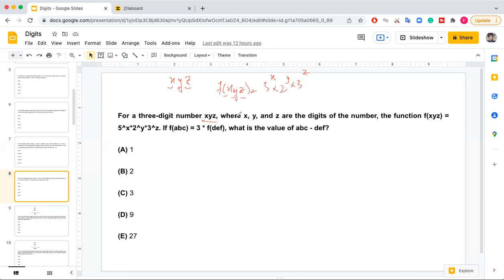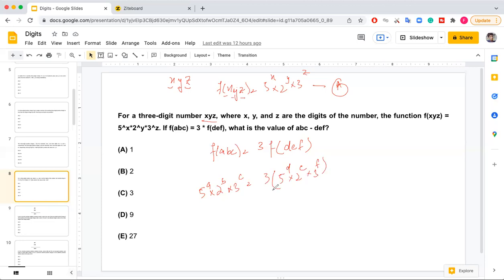And the question is saying that f(abc) is 3 times f(def). So based on whatever we are provided, we can write this as 5 power a into 2 power b into 3 power c is equal to 3 into 5 power d into 2 power e and 3 power f, right?